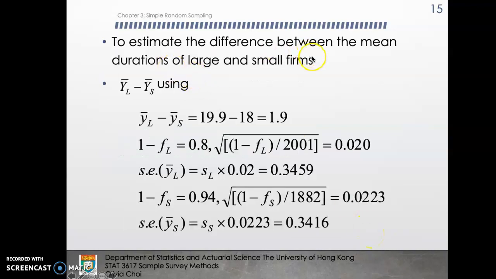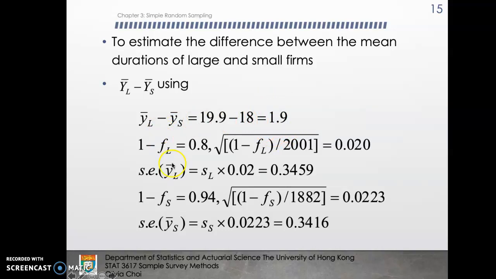To estimate the difference between the two mean earnings of the large and small firms, y1 bar minus y2 bar is 1.9. We want to see whether that 1.9 is significantly different from 0.